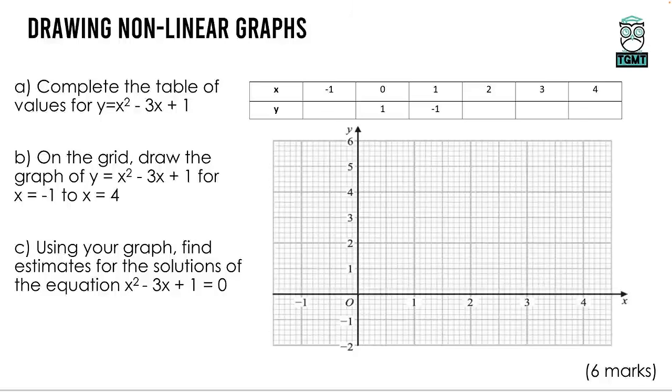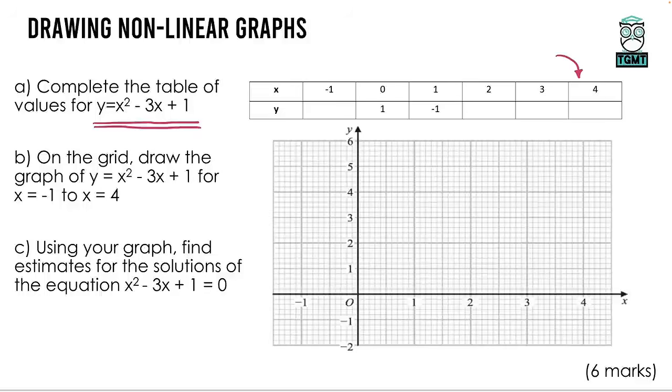So here we are told that y is equal to x squared minus 3x plus 1. We have some values in our table. Now it makes sense to start with the positive values. So if I start with the 4, I just need to put 4 in every position where there's an x in that equation.